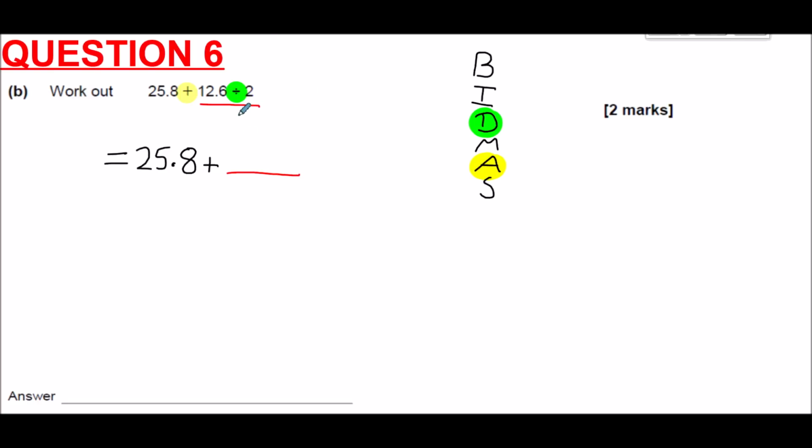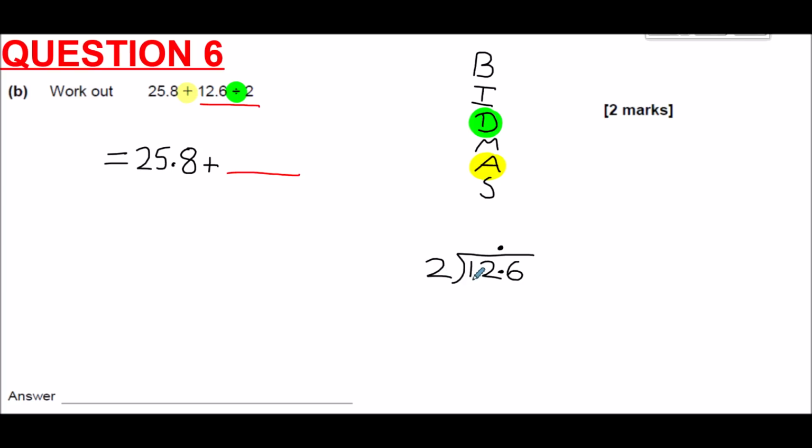And so again, division, what we can do is use this bus stop method. 12.6 divided by 2. If it's a decimal division, we include a decimal in the number as we need and make sure we've got a decimal lining up at the top and the bottom of the bus stop. Apart from that, we treat it as any other number.